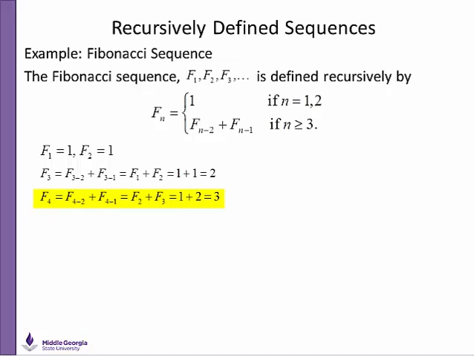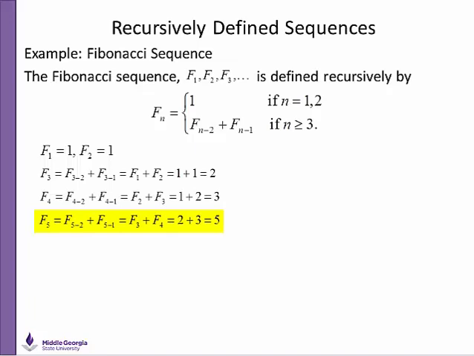That means our subscripts are 2 and 3, so we have f sub 2 plus f sub 3, and we know f sub 2 is 1 and f sub 3 is 2, so 1 plus 2 is 3. f sub 5 will be, substituting 5 for n, f sub 5 minus 2 plus f sub 5 minus 1, and so our subscripts are 3 and 4, the two that are right before 5.